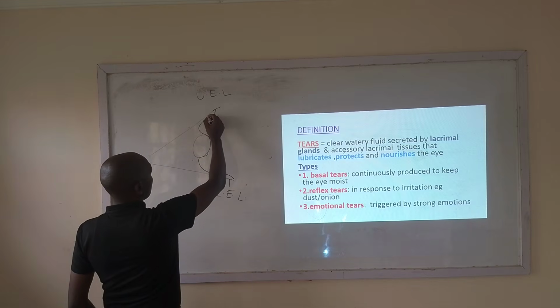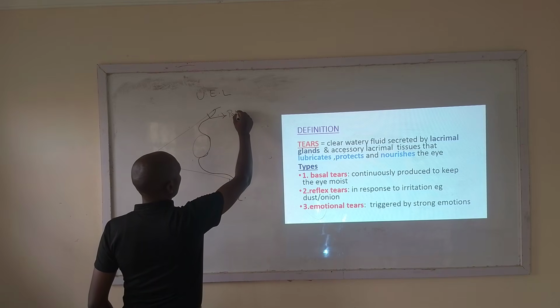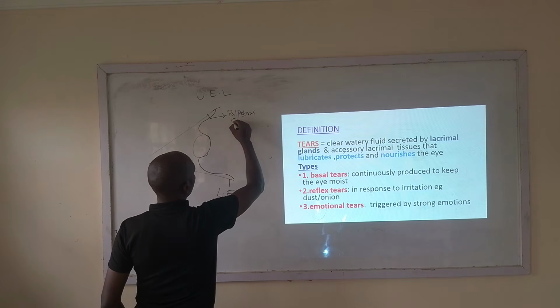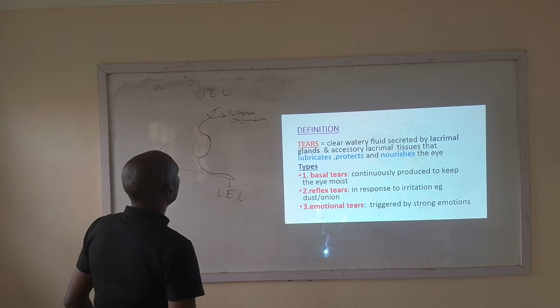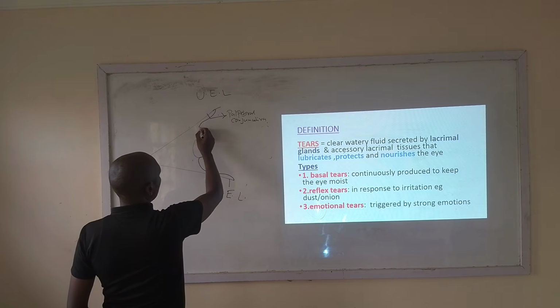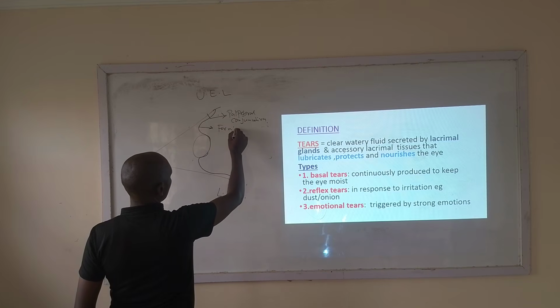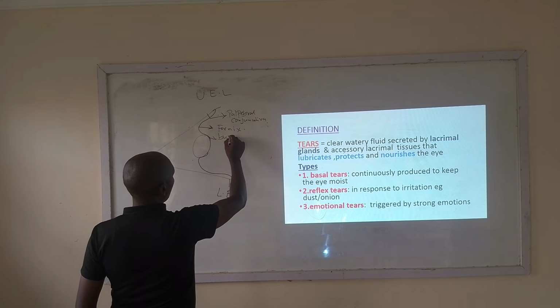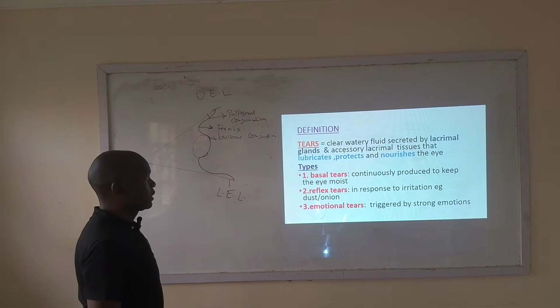The part of the conjunctiva that lies on the lid is called the palpebral conjunctiva. The bit of the conjunctiva that is bending here is what we call the fornix of the conjunctiva. And then the bit that lies on the eye is the bulbar conjunctiva. So the conjunctiva has three parts.